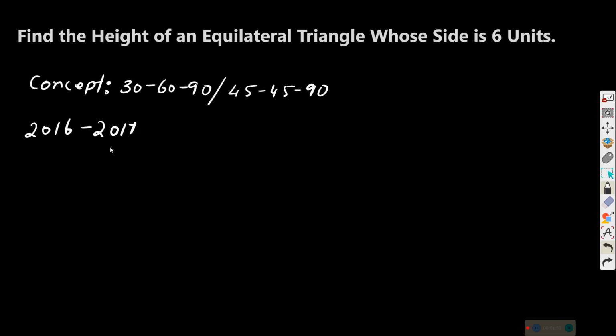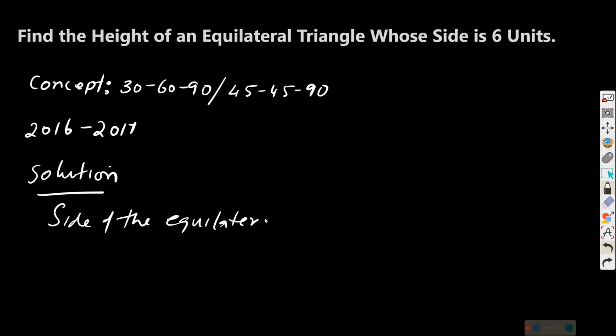So the question is simple: find the height of an equilateral triangle whose side is 6 cm. The solution can be easily obtained. Not a tough question, in fact a very simple 1 mark question. It is given that the side of this equilateral triangle is equal to 6 unit.